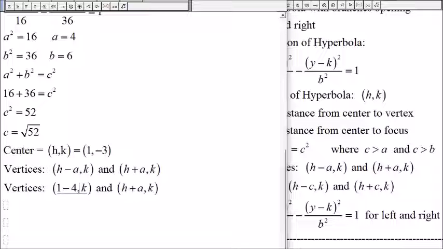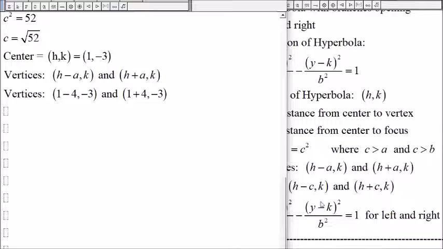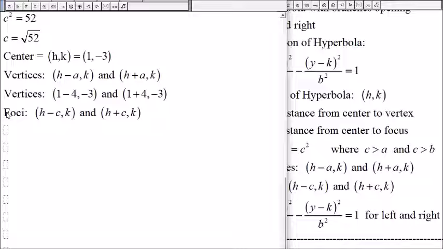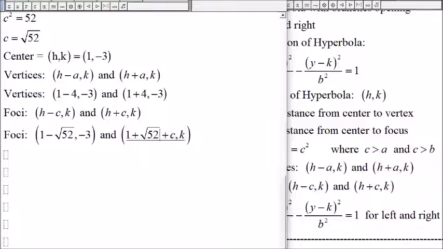So we have h is 1, and k is negative 3. And the foci are at 1 plus and minus the square root of 52, and negative 3.